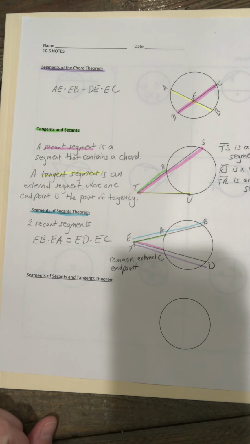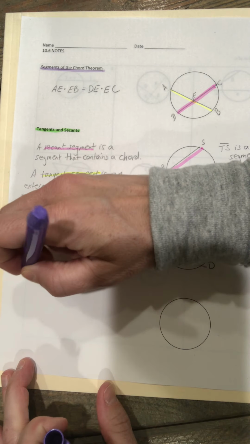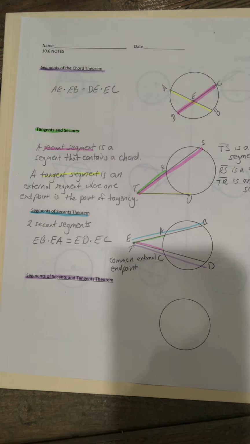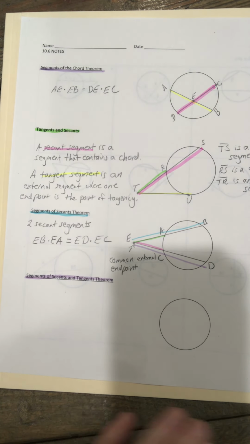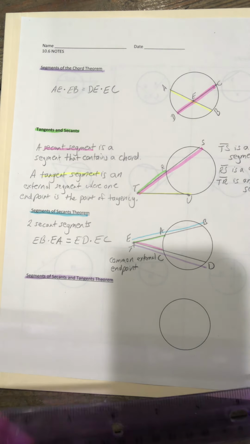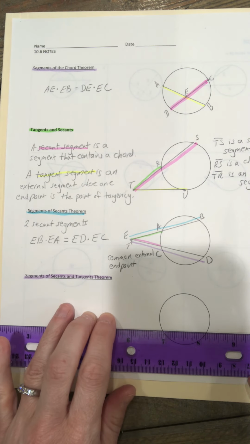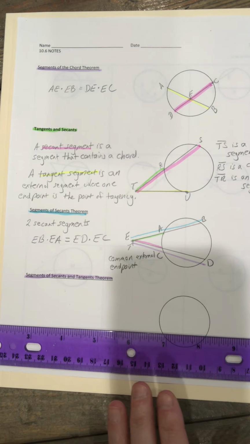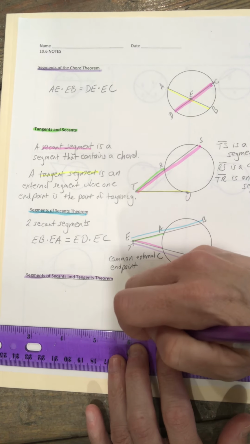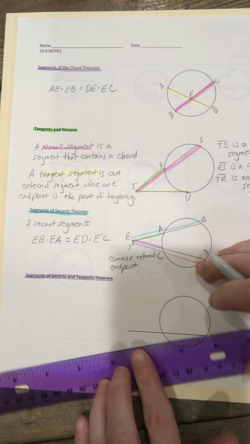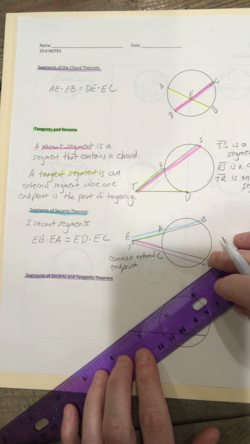All right, guys? Now, the last thing we're going to look at is the segments of secants and tangents theorem. Now, this one is slightly different because it's going to have one secant and one tangent. So I can draw, let me just make sure you guys can see, yeah, one secant and then one tangent.